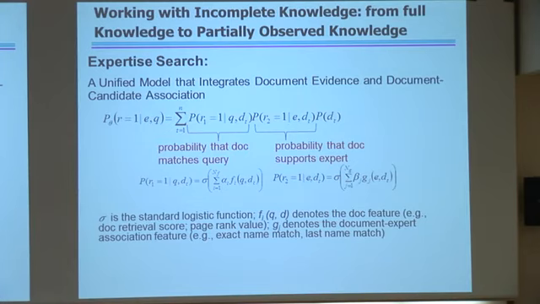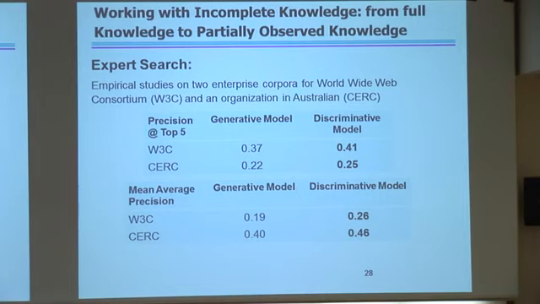And we have done a study on two standard benchmark data sets. One is W3C, this W3C organization. The other one is CERC, which is a research organization in Australia. And the discriminative model has been shown to have a big advantage against the generative model in this case.